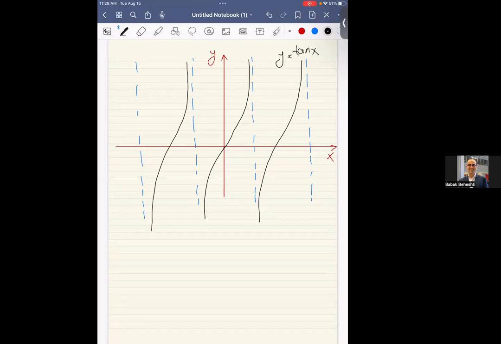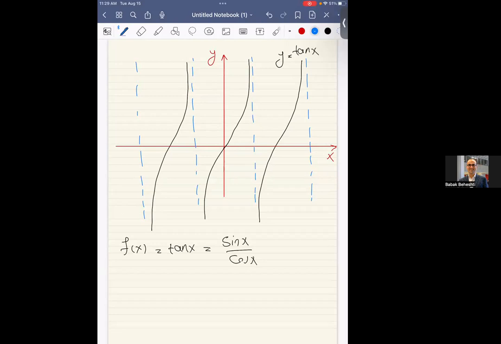What is the definition of the tangent? f of x equal to tangent x. We know that tangent x is equal to sine x over cosine x, right? So when the denominator approaches 0, the entire thing goes to infinity. When the denominator, which is cosine, approaches 0, tangent goes to infinity.